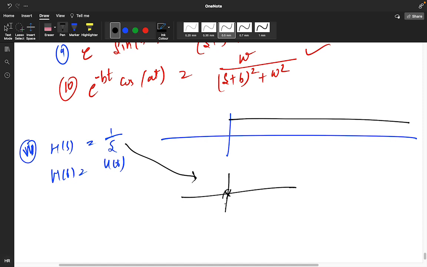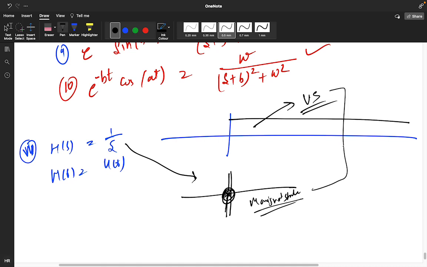Poles will lie at the origin. So if poles are at the origin, the system will be marginally stable. But in signals and systems, we say a marginally stable system is unstable only. But in control systems, it will be marginally stable. So these two conditions are satisfied for this.